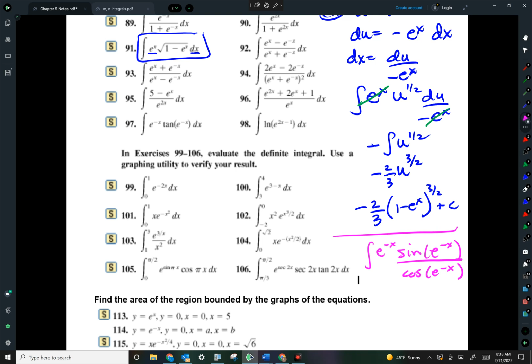Isn't it itself times negative 1? So if there were a negative right here, wouldn't it be u prime over u? I mean, it would be exactly u prime over u. So it's harder to see on this one. So I'll just put a negative out here. And now I don't have to go through the work of letting u equal the denominator. I'm just going to get negative natural log of the denominator.